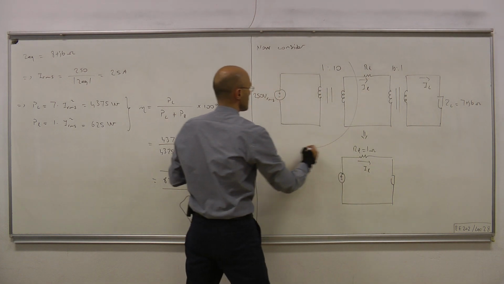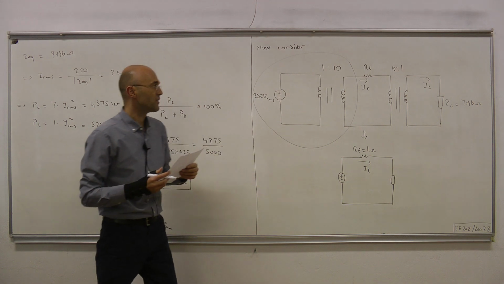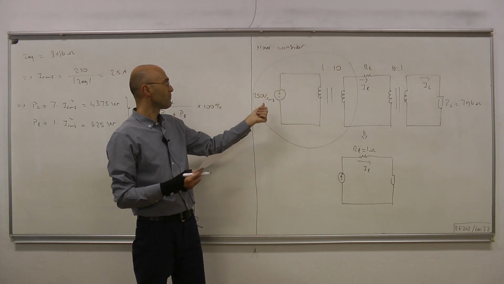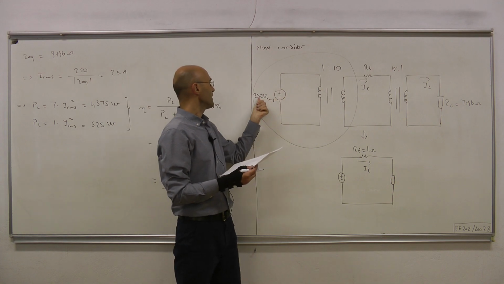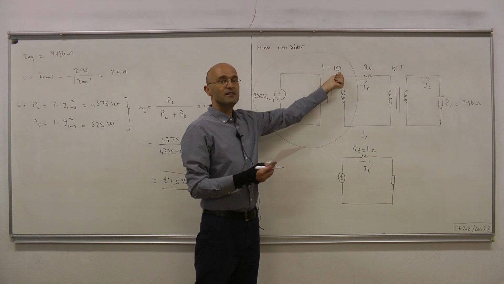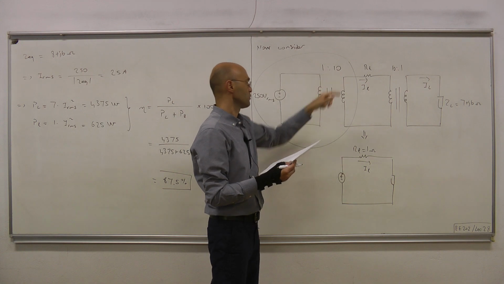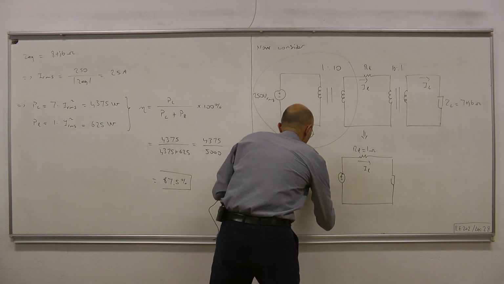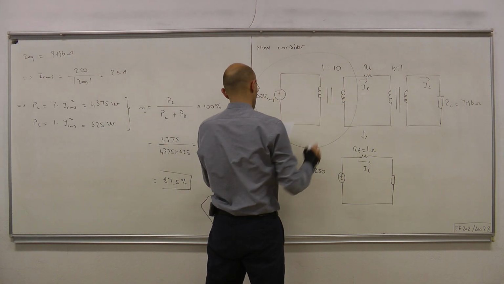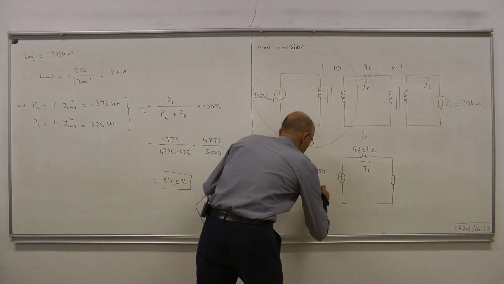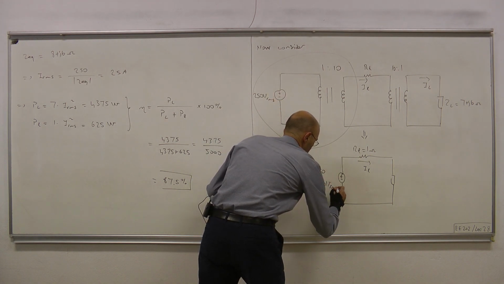Now this can be represented by just a single voltage source with voltage 250 times 10, because the voltage ratio is 1 to 10. So here we have N times 250, and N is 10 in our case, so we're talking about 2500 volts RMS.